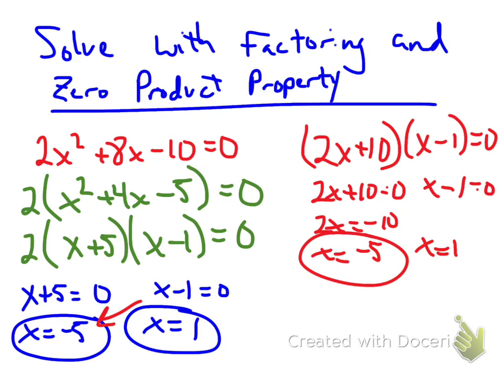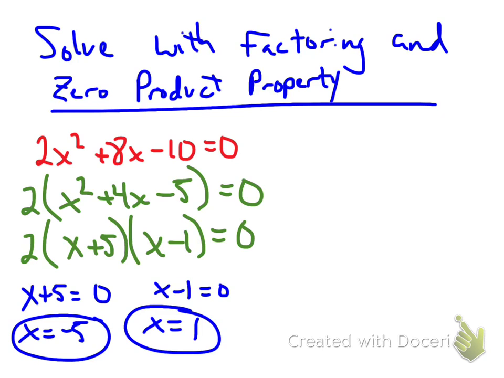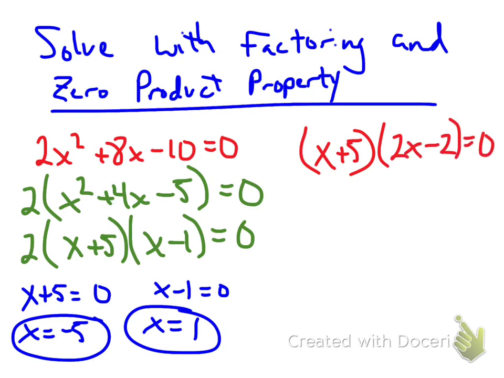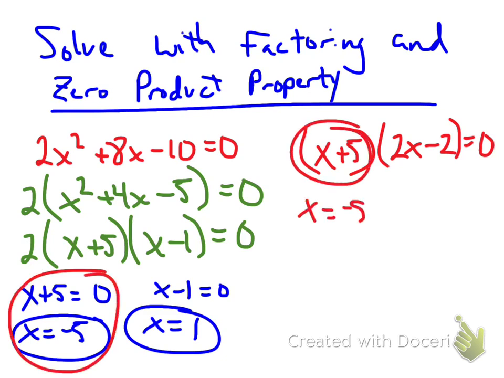Okay, so the other possibility, if you did not factor it completely, you would have x plus 5 times 2x minus 2 equals 0. The x plus 5 is the same as this one, so you'll get the answer of x equals negative 5.